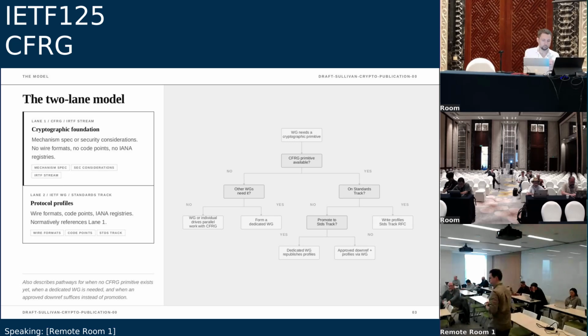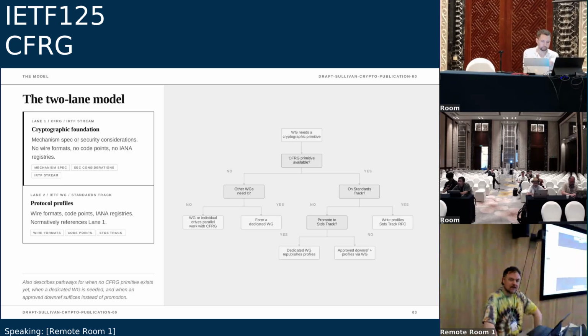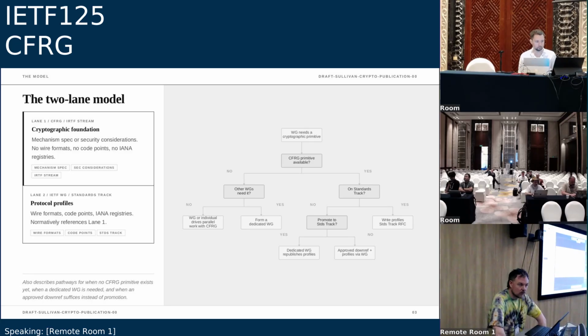Sure. So the idea here is if there's 3 or more working groups who want to adopt a primitive and want to implement them in their protocols, that the advocates for it can come together and hash out and debate what the best parameterizations would be. The goal here is not to have one document that dictates things to different groups, but to have a slate of documents that provides code points in parallel for all the protocols that might need it.